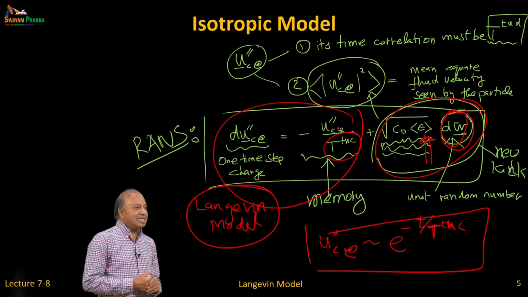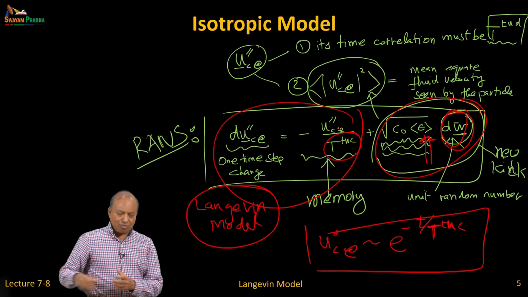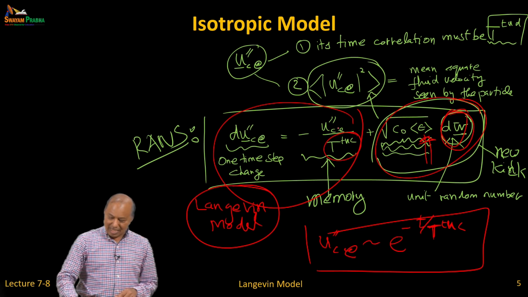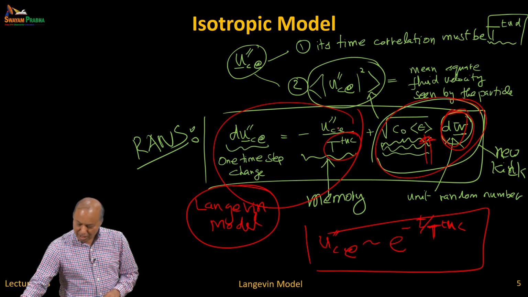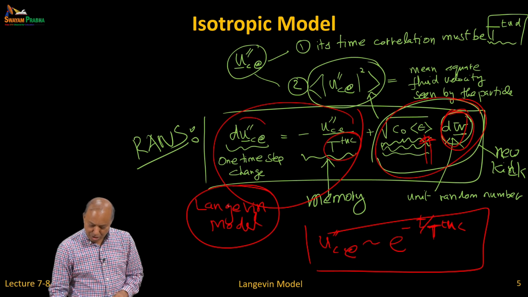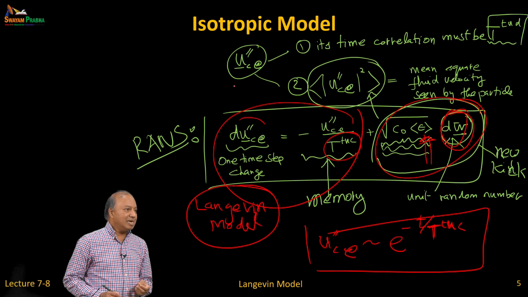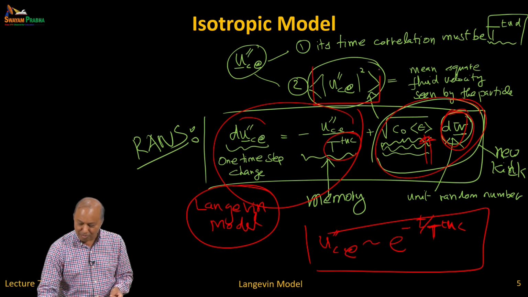What it does is, when you go through the calculations, you will find that if you follow this quantity, this u double prime you calculate based on this algorithm, its mean square value will be here.